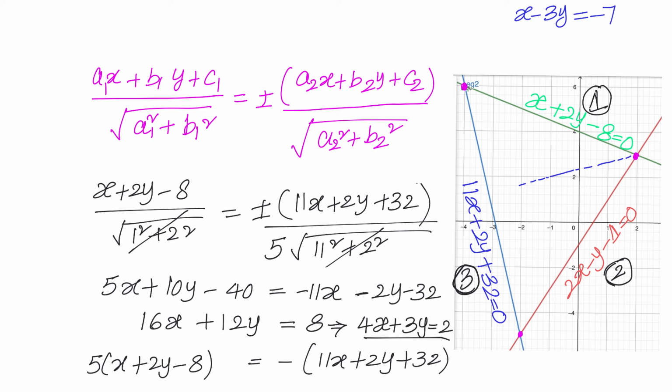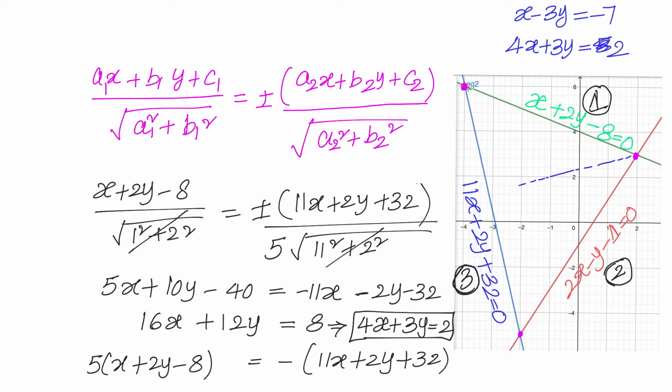That's a nice equation we have. You can check, when I put x equals 0, y is 2 by 3, which is somewhere between 0 and 1. So this is the perfect line, that is what we need. So 4x plus 3y equals 2 is our second equation.